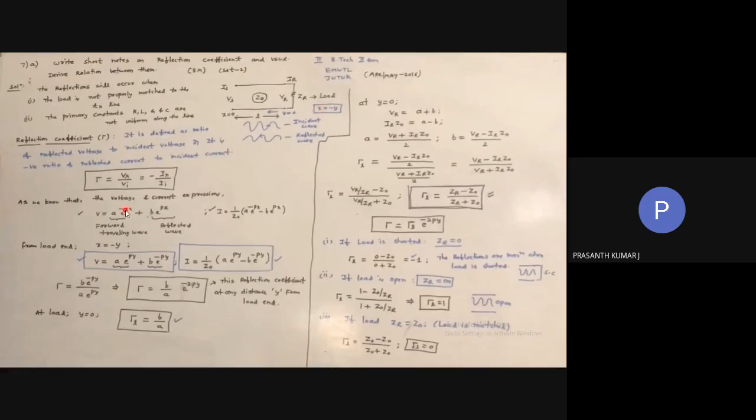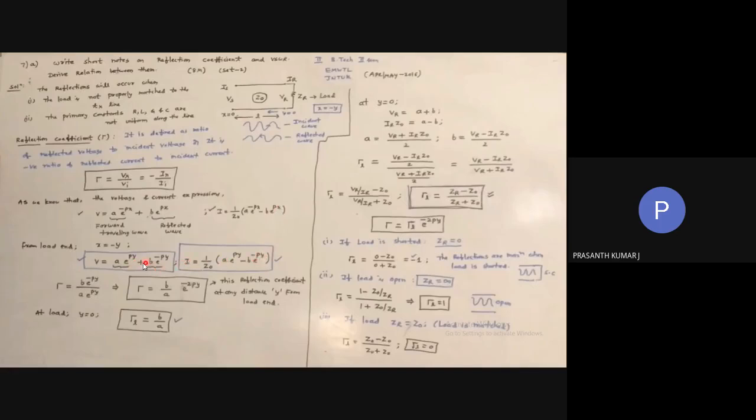So here, in place of x, I am substituting minus y. The equation becomes V equal to A e power gamma y plus B e power minus gamma y. Similarly, I can be written as 1 by Z0 times A e power gamma y minus B e power minus gamma y.